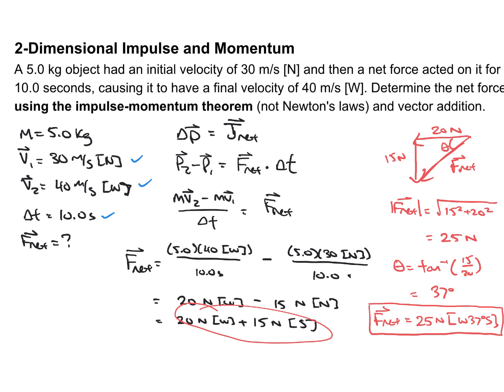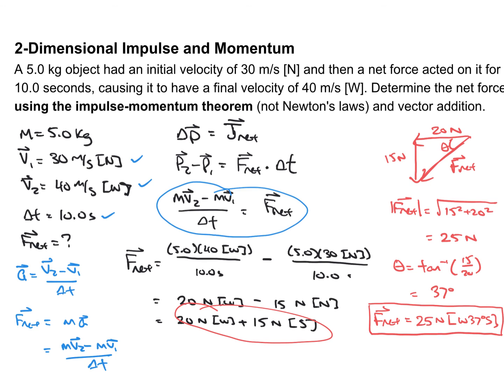But to find the acceleration, I'd use the kinematics formula. Then the net force would be mass times that, which would be mass times V2 minus mass times V1 over delta T. So you'll find that we have the exact same formula as we did using the impulse momentum theorem.